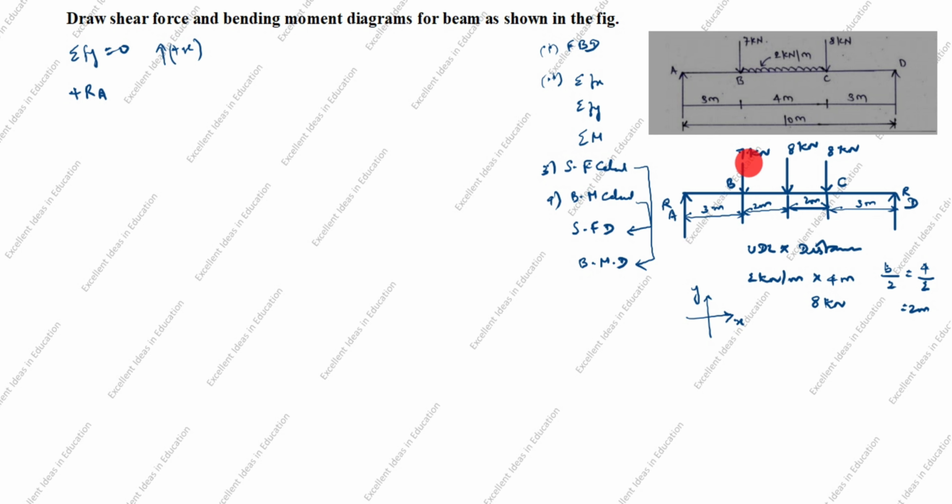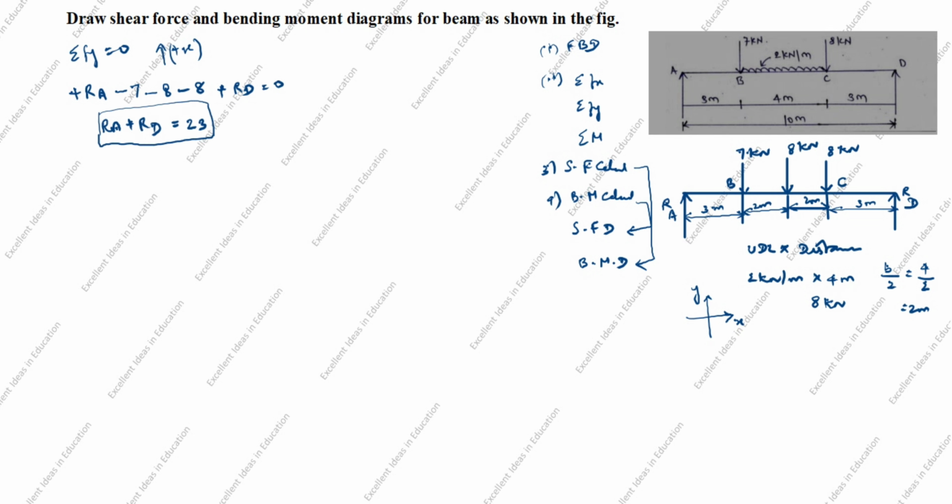Next, you see this arrow comes down, this arrow also comes down, this arrow also comes down. So minus: we will take minus 7, minus 8, minus 8. This arrow goes up, up is positive, so plus RD equal to 0. RA plus RD is equal to 7 plus 8 plus 8, which is 23.